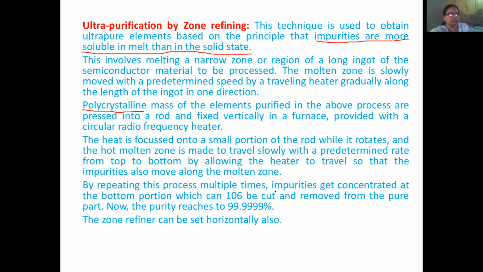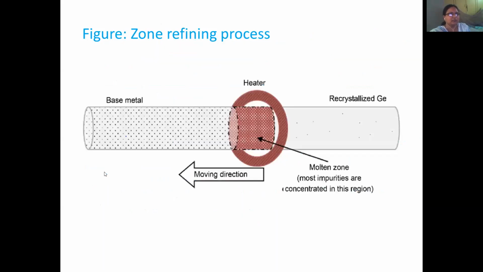If you see the diagram, this is the base metal which we have taken, and we are providing it with a circular heater. Now this is our moving direction. We are moving in this particular direction. As we move like this, this part is getting solid.